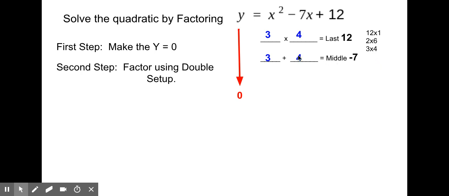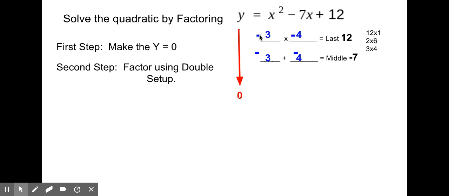But I have a problem here because 3 plus 4 is positive 7, but I need a negative 7. So what can I do to fix this? What would happen if I made both of these negative? Well, I'd have to make the top negative also.